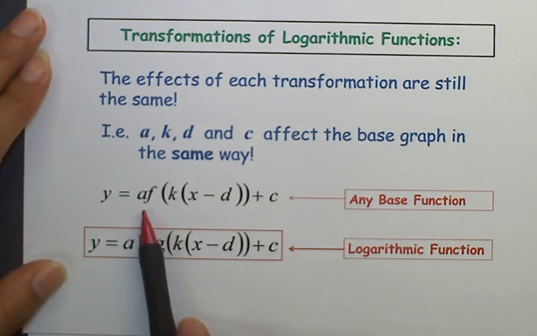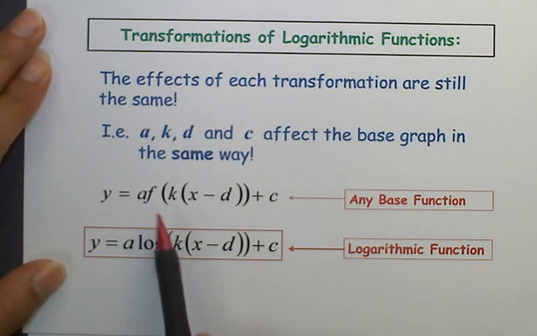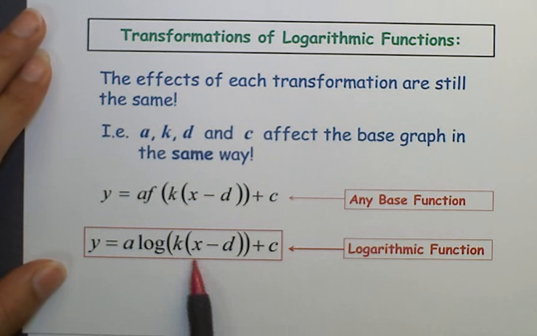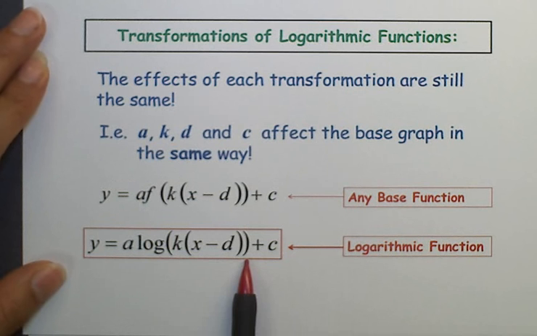That's why I have an f in the equation. And here's the same thing but with the logarithmic function. So you'll notice that K and D are your horizontal transformations. They happen to be inside brackets with the logarithm applied to it. And C and A are your vertical transformations, and those are the ones that will stretch or reflect or shift the graph vertically.